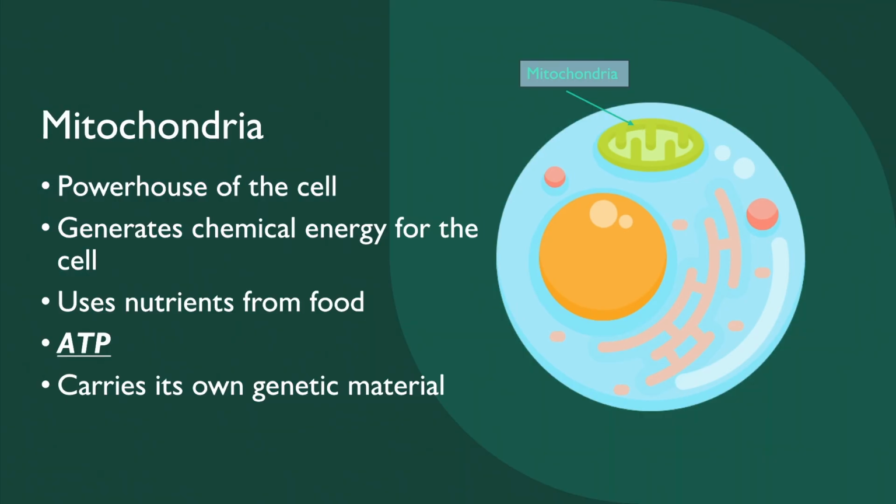The second organelle that keeps the cell running is called the mitochondria, nicknamed the powerhouse of the cell. The mitochondrion generates chemical energy from nutrients in food, like glucose, fatty acids, etc., to create ATP, adenosine triphosphate, that powers the cell. The mitochondria regulates cell aging and death and holds its own genetic material to self-reproduce.